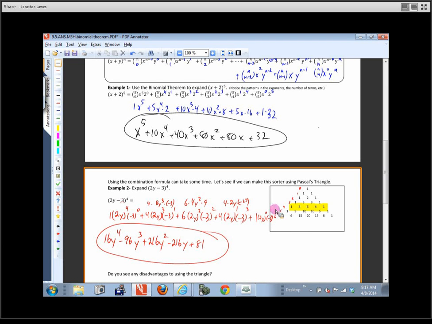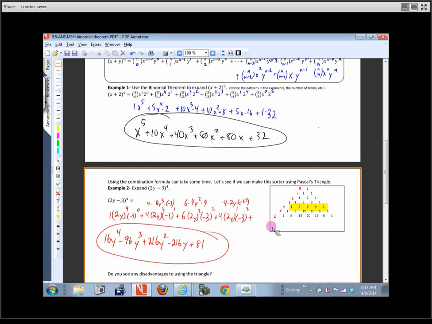Nathan? You would have to know the numbers before it in order to determine which numbers you're going to be using. On Pascal's triangle, in order to figure out like the 4th row, you have to know the 3rd row. Oh, exactly. Okay, so this is going to be actually the 8th row coming up next.